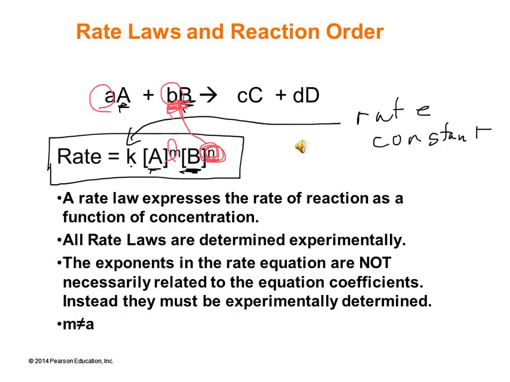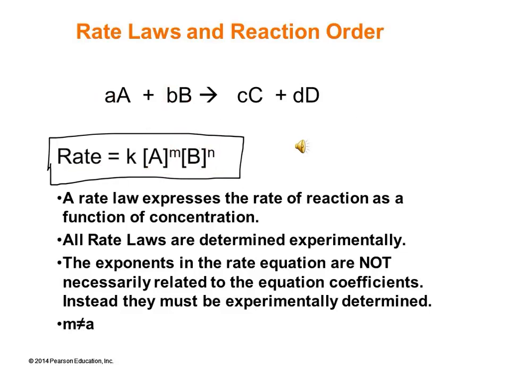So in a rate law, we're writing the rate of a reaction as a function of the concentration of the reactants. Because m and n here are not related to a and b, you cannot look at a chemical equation and determine the rate law.